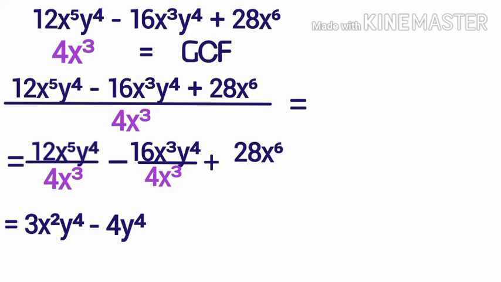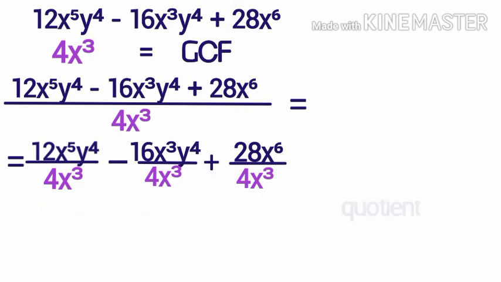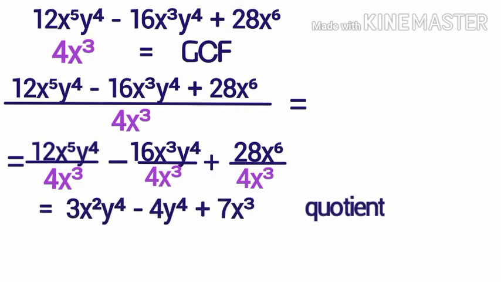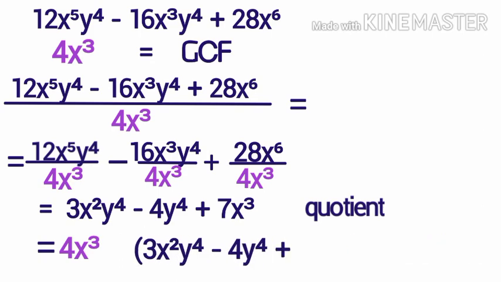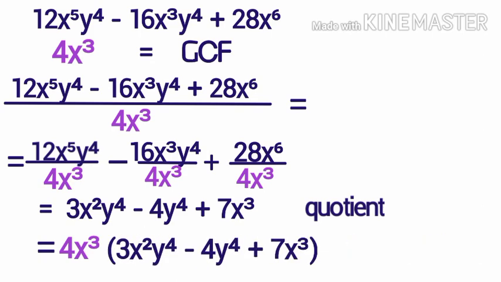Then 28x to the sixth power divided by 4x cubed will give you 7x cubed. The quotient is 3x squared y to the 4th power minus 4y to the 4th power plus 7x cubed. Therefore, the factored form of this polynomial is 4x cubed quantity 3x squared y to the 4th power minus 4y to the 4th power plus 7x cubed.